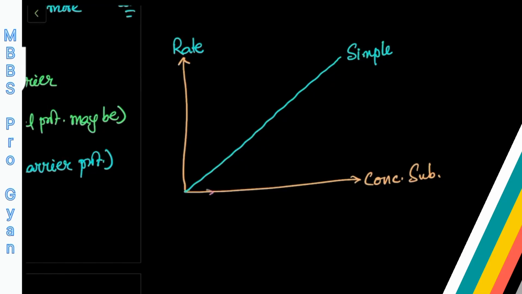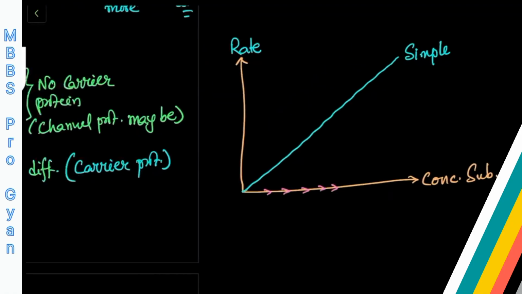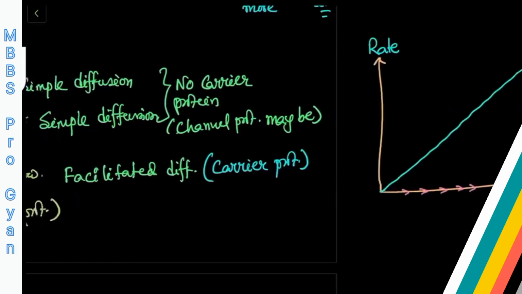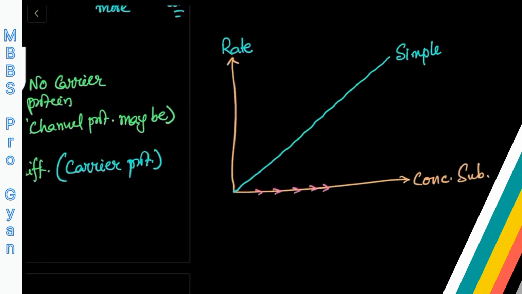Whenever the concentration of the substance is rising on one half of the membrane, if you increase this concentration more and more, more and more molecules will be transported to the other side. There is no limitation, there is no saturation. So simple diffusion means no saturation. The more the concentration of the substance, the more the rate of transport.